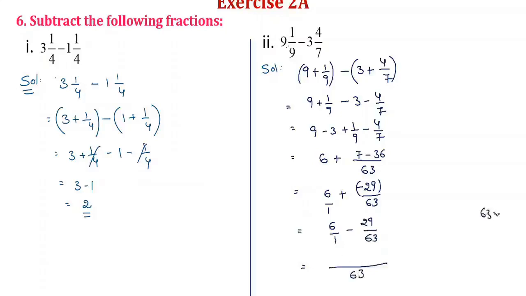So 63 6s are 36 plus 1, so 378 minus 29, 8 minus 9, borrowing gives 9 here.